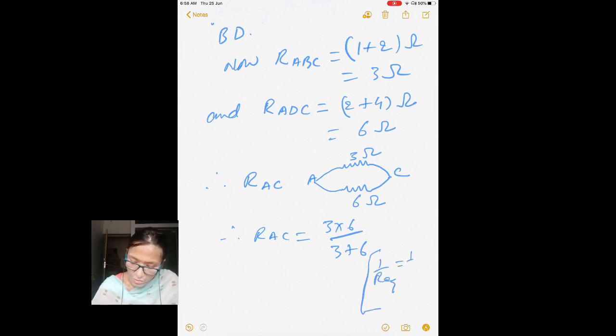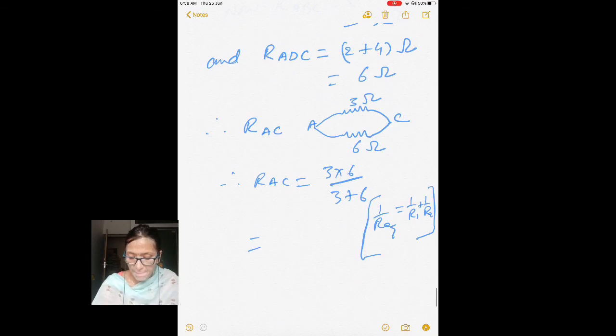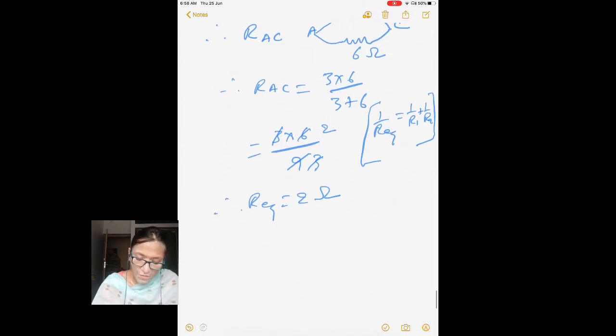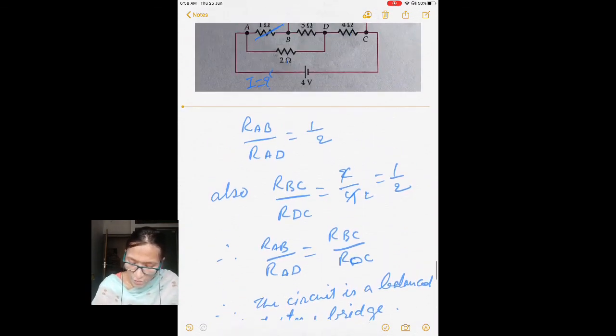So by this equation you can get this. This is equal to 3 into 6 upon 9. So R equivalent comes equal to 2 ohm, and V is given as 4 volt.